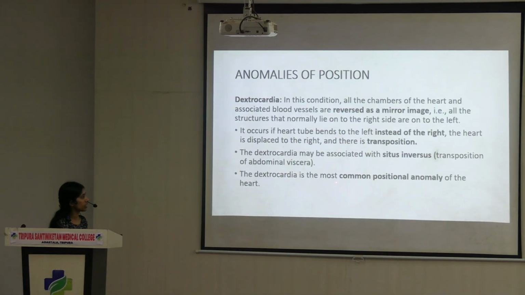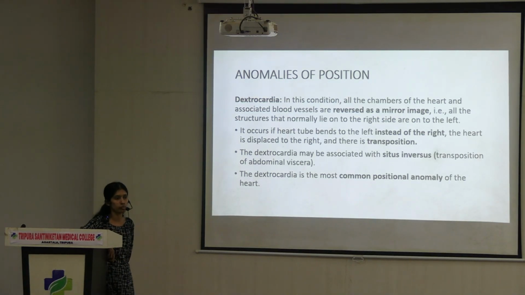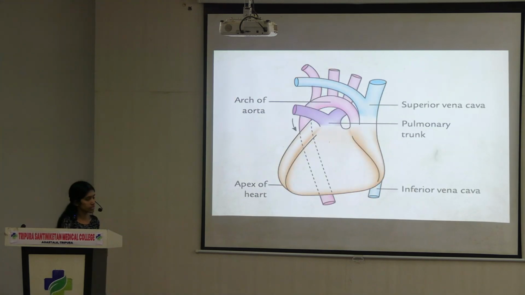Dextrocardia is the most common positional anomaly of the heart. So if the question is what is the positional anomaly or positional clinical correlation of the heart, you need to mention dextrocardia, transposition of the heart, and situs inversus. These are the three important words you should mention. You can see the diagram.